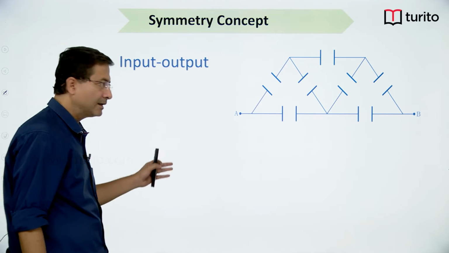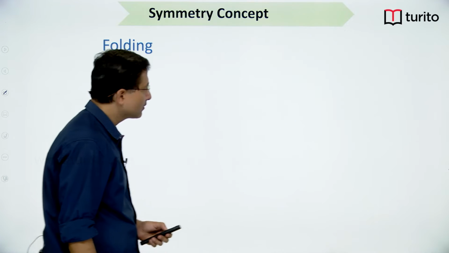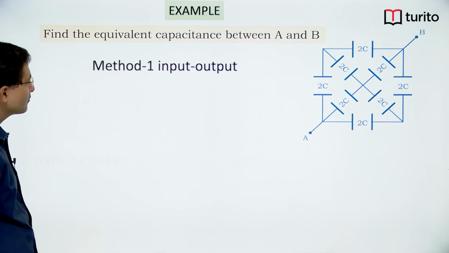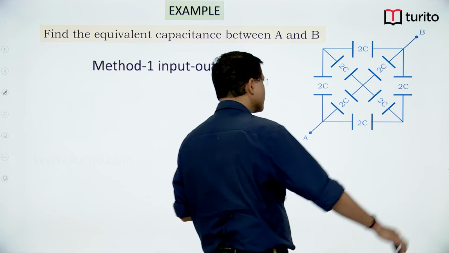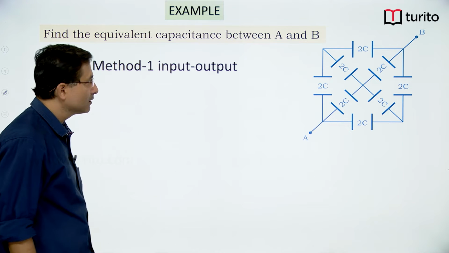Now we will take some examples so that we can clearly understand the concept. I will take a few more examples. Let us take this one. Across AB I need to find the capacitance.